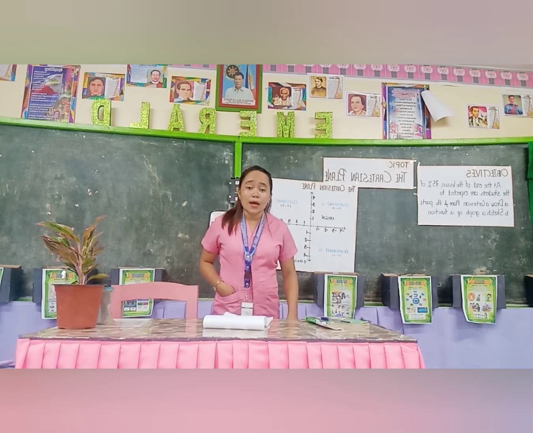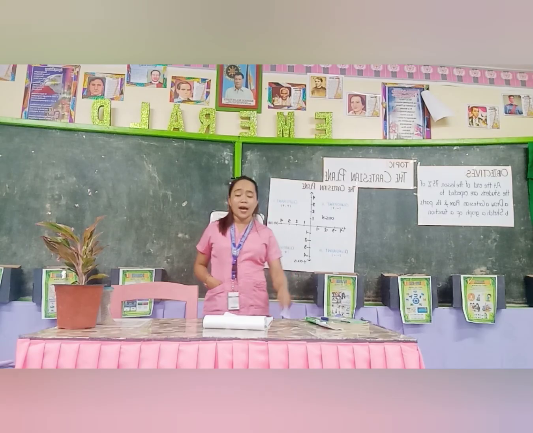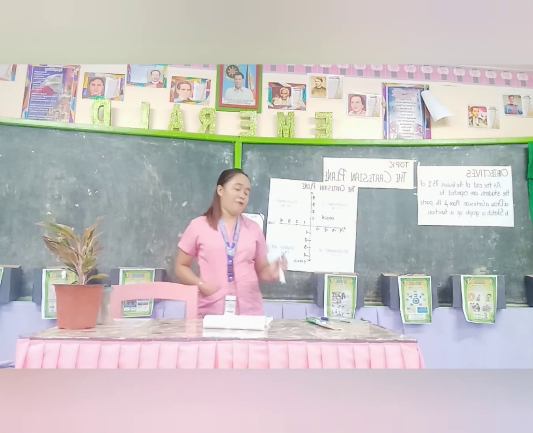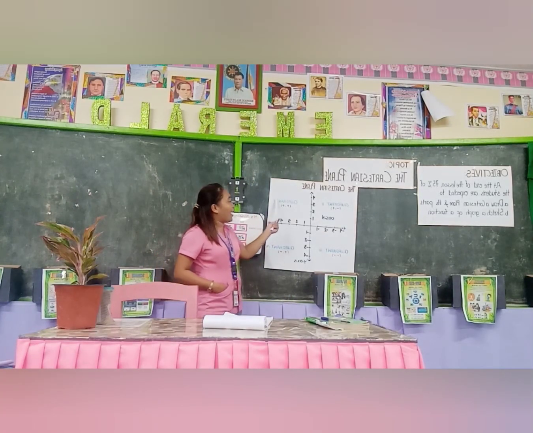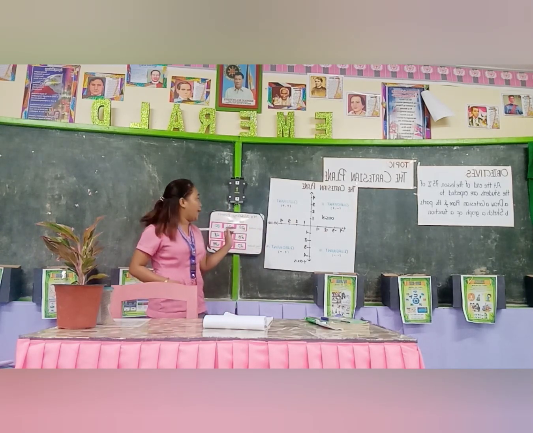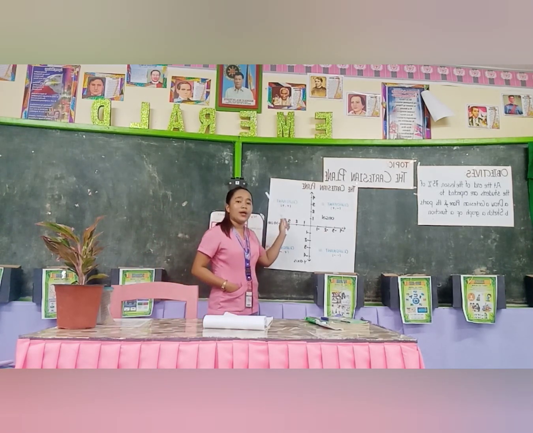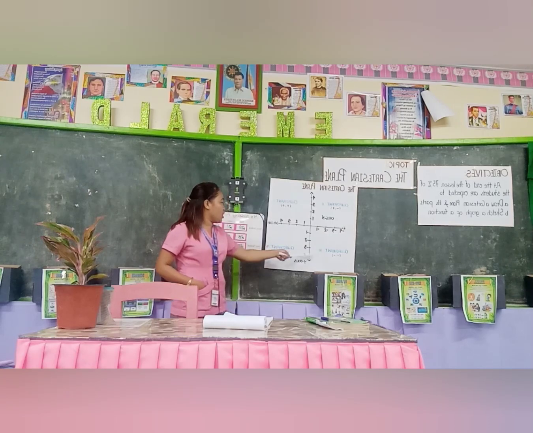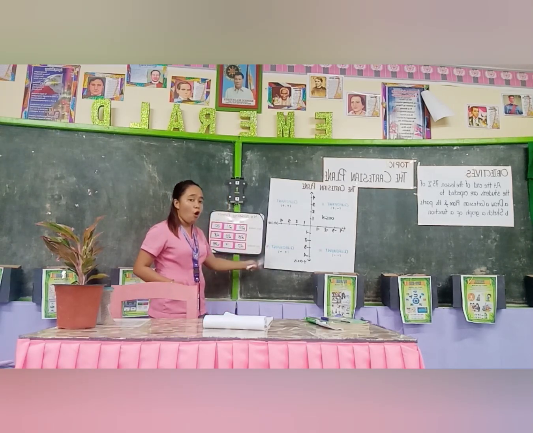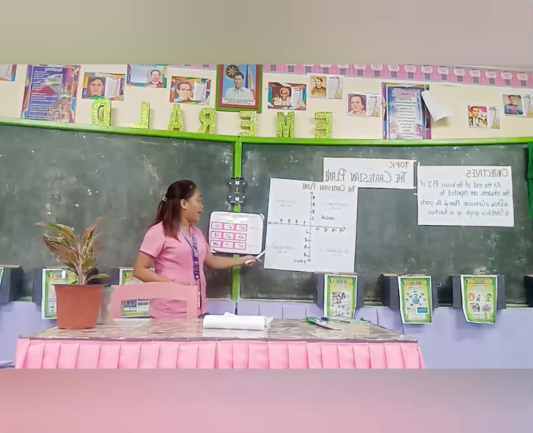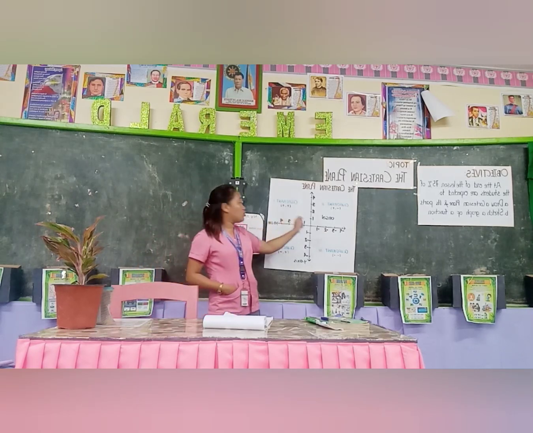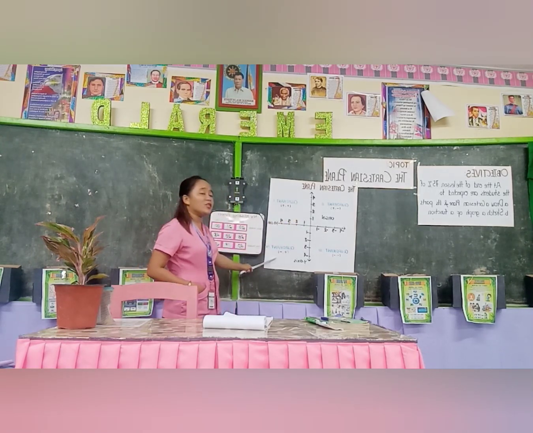At right angles. Okay, don't forget that definition. So in Cartesian plane, there are 4 regions, namely quadrant 1, quadrant 2, quadrant 3, and quadrant 4.